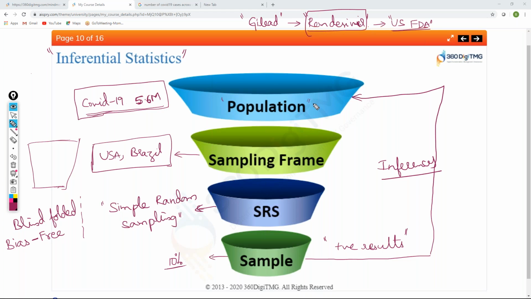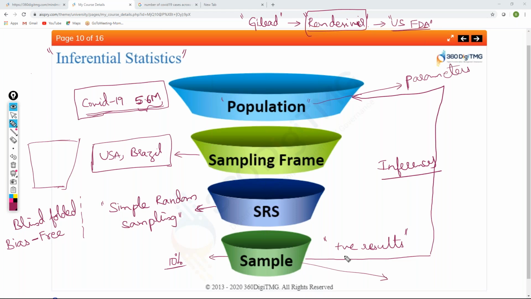Now, when you calculate anything such as an average, for example, the average age of all these 5.6 million people, questions of that kind, those values are called population parameters.